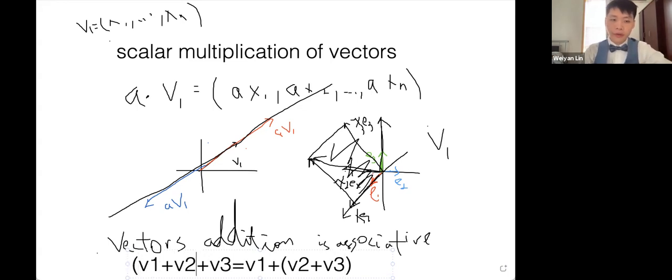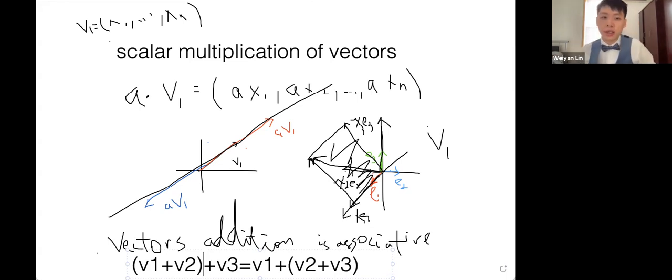It is the same as adding the first two first, and then adding the result to V3, or adding the last two together first, and then adding them to the first vector.